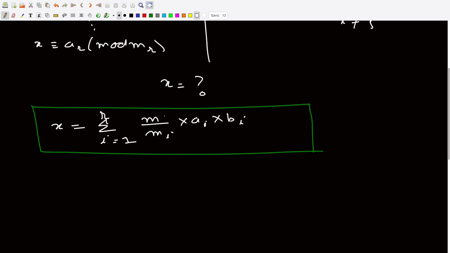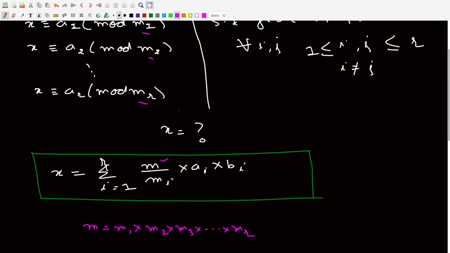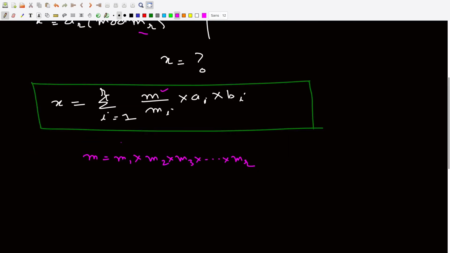The first question is, what is this m? m is equal to m1 into m2 into m3, all the way till mr. The product of all the m's in this equation is given by m.